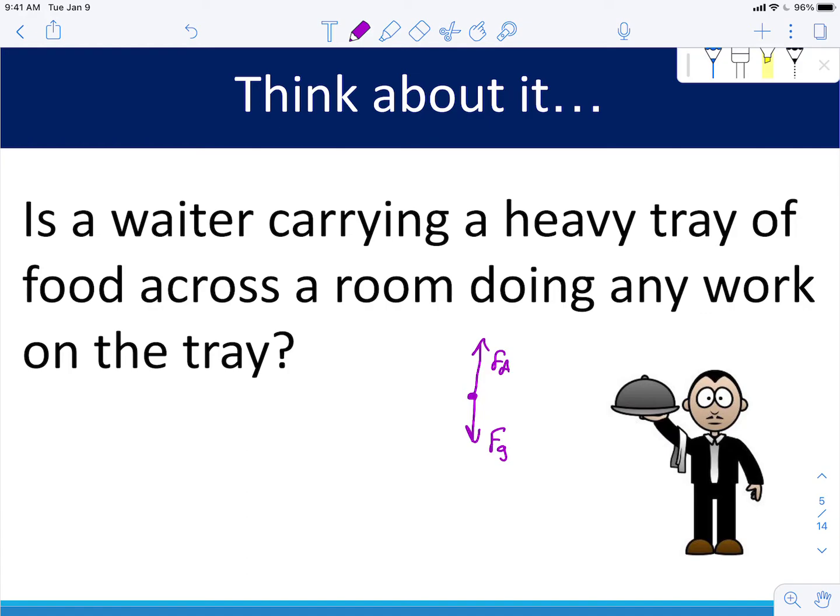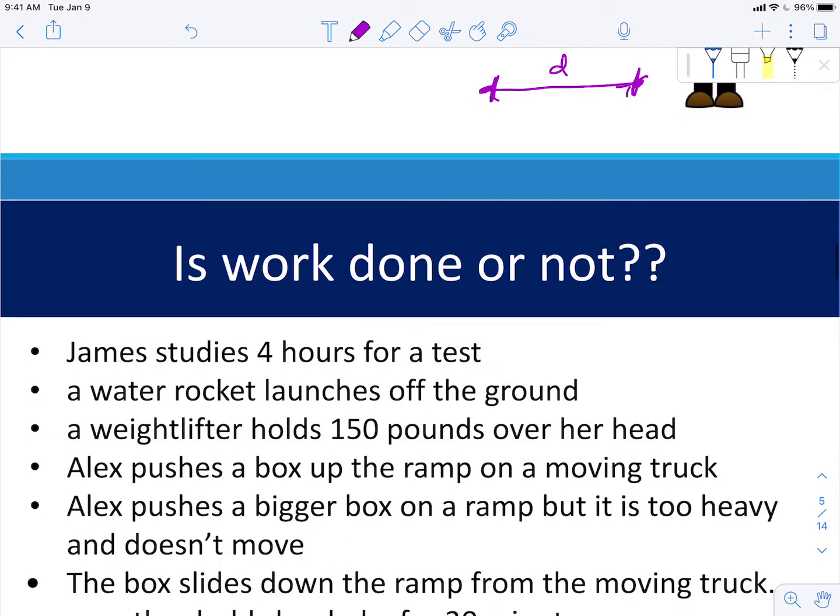Okay, now if he's traveling, he might travel a distance that is horizontal. So he might go from here all the way to here. The force and the distance in this case are not going to be in the same direction. Therefore, there is no work being done in this example. So those are some ways to think about if work is done or not.